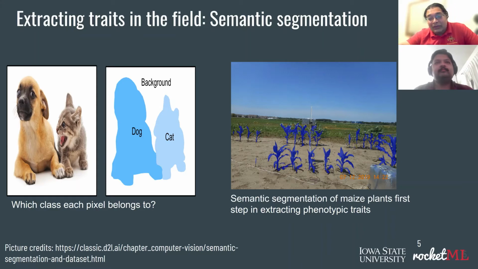In the context of the plant science application, the image phenotyping application that we are working on, this corresponds to going pixel by pixel in the image and marking each pixel as belonging either to the background or to a plant. You can see clearly in the figure on the right, it's going to be incredibly painful, incredibly difficult to annotate a large enough data set that can be used for training.